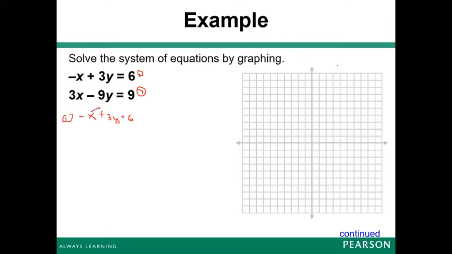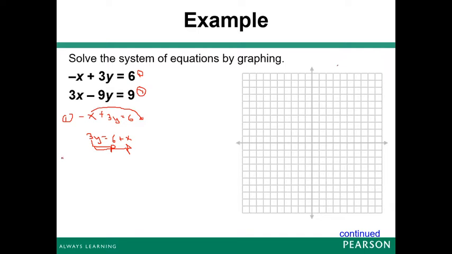Now I'm going to pass the x to the other side: 3y equals 6 plus x. Now the 3 passes to divide the 6 and the x.